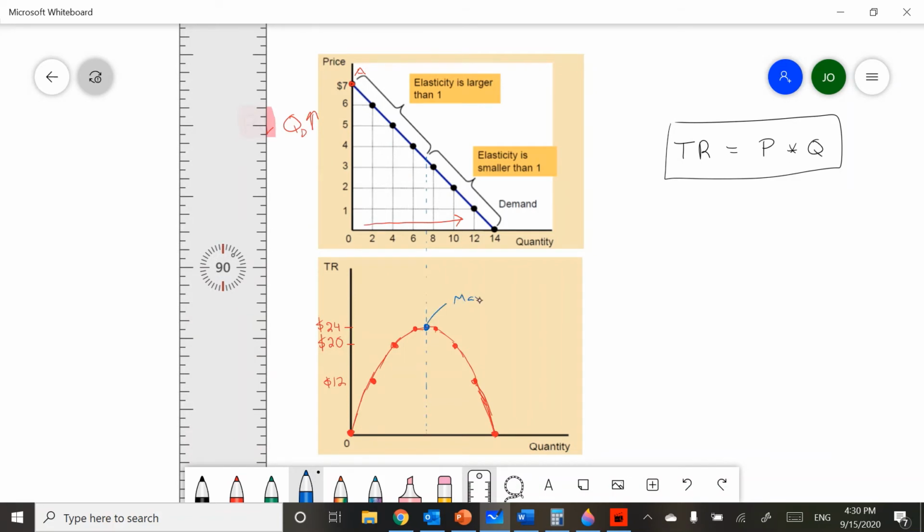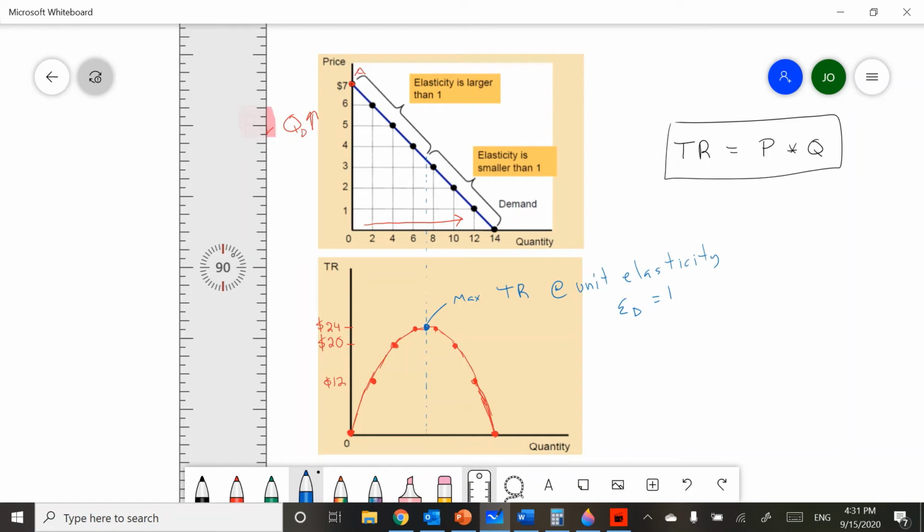This is our maximum total revenue. And it occurs at the point where we have unit elasticity. That means that my elasticity of demand is equal to 1.